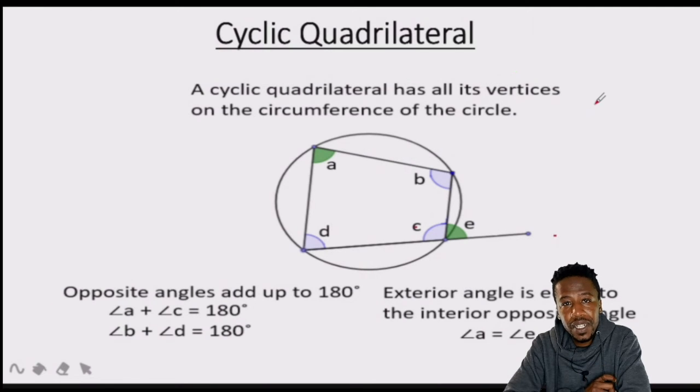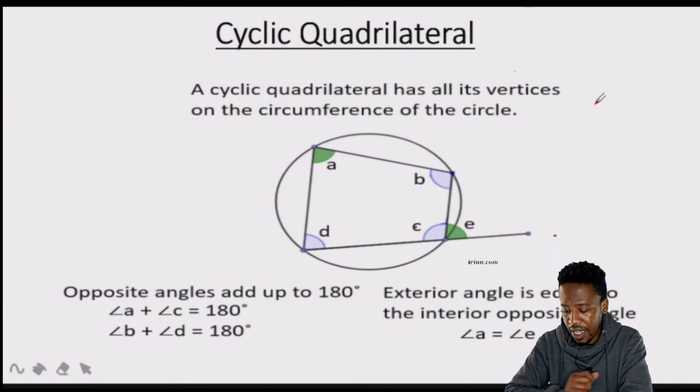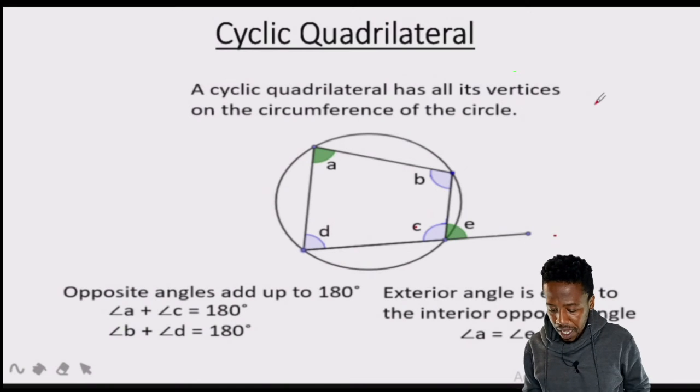Now guys, that is a very important part. All its vertices are on the circumference of the circle. That makes that a what? A cyclic quadrilateral, with all its vertices at the circumference of the circle.